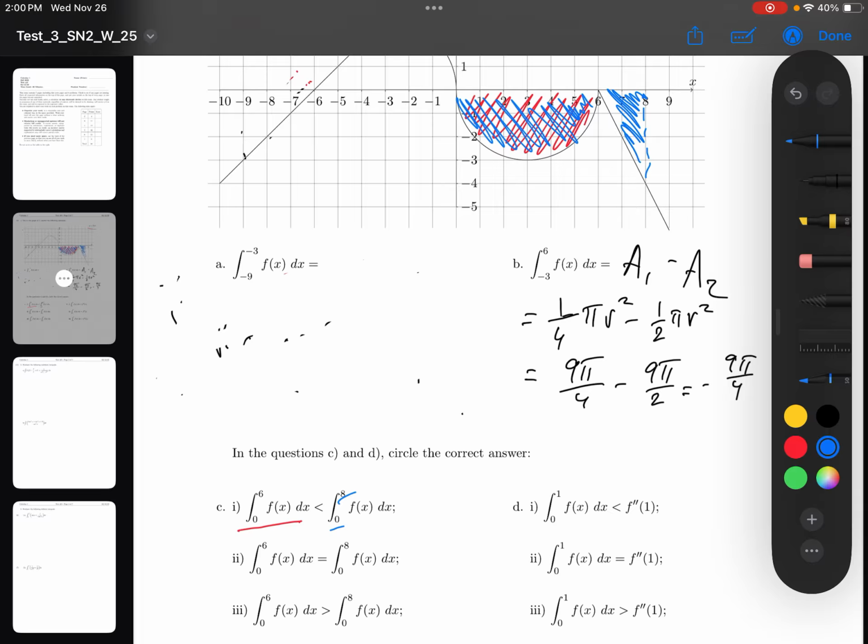Okay, but what do we know? We know that both of these are going to be negative areas, right? So that means that this part here is greater. This is the correct answer, because in absolute value there is a less area from 0 to 6, right?